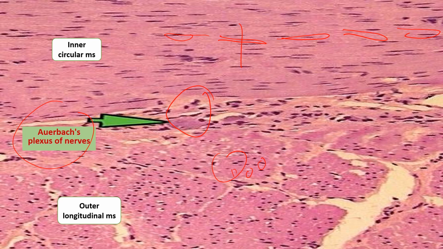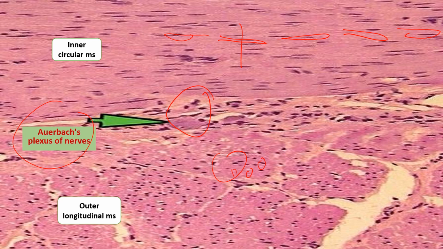What about muscularis externa? Muscularis externa will be completely smooth in the lower third of the esophagus. It will be formed of inner circular and outer longitudinal smooth muscle fiber. But here in the upper third, the swallowing process is voluntary, so it will be formed of skeletal muscle. The middle third will be formed of mixed skeletal and smooth muscle fiber, while the lower third will be purely smooth muscle fiber.